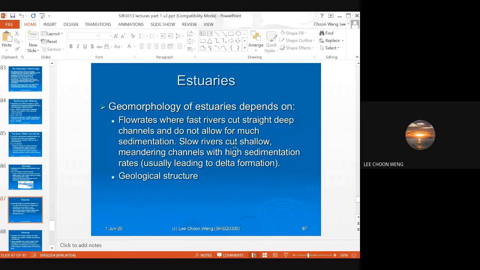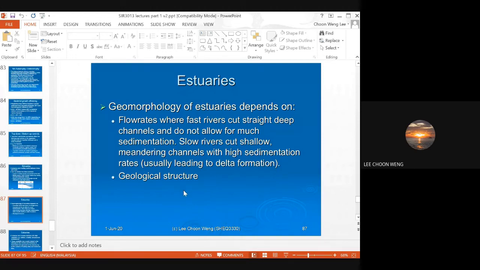Because it doesn't have that much force, it is also shallower than an estuary with a fast river flow rate. Because of slow rivers also, there will be higher sedimentation, and that leads to delta formation. That is important for most of the famous agriculture regions in the world.